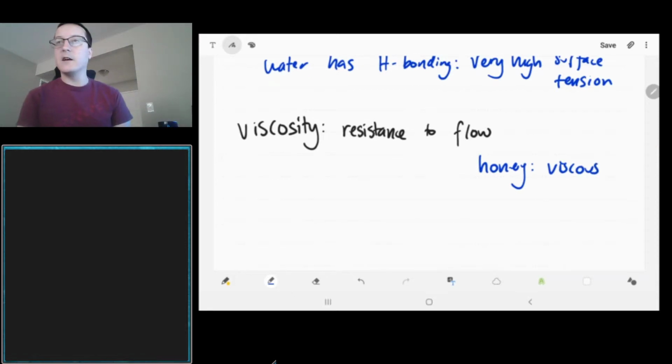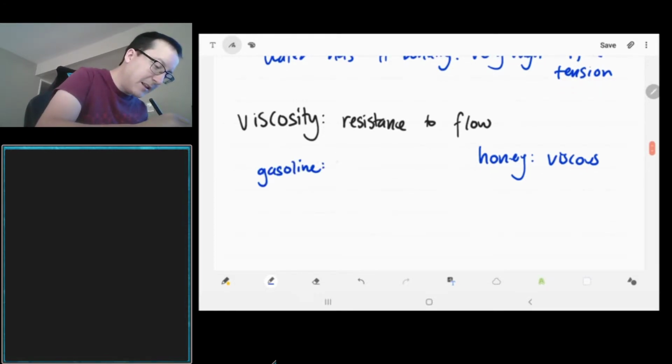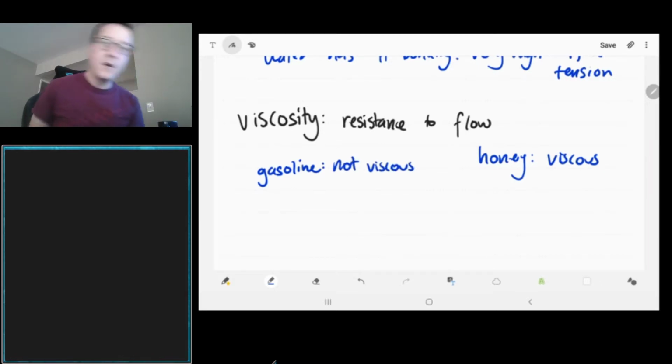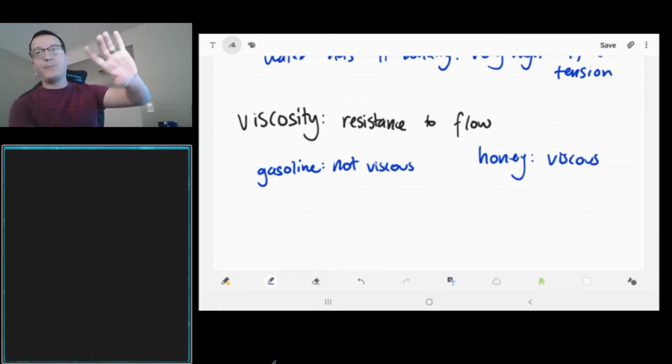Honey is a great example of something that is super viscous. When it's not viscous would be like gasoline. Gasoline flows very easily. Honey, as we know, takes forever. If you try and pour your honey out of the jar, it's going to take its time sliding out.